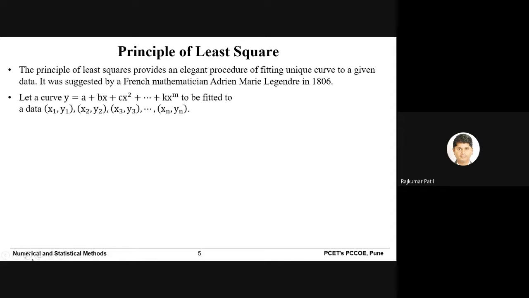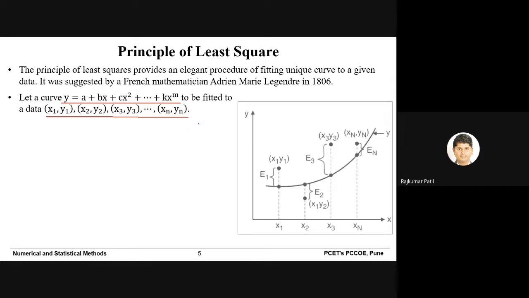As we discussed, if we have data points x1, y1, x2, y2, and so on, then we can fit a curve y equal to a plus bx plus cx squared up to kx raised to m.